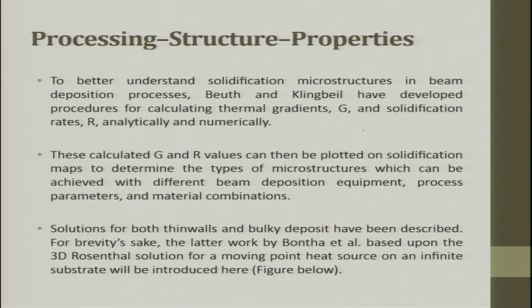For better understanding of microstructure in beam deposition processes, Booth and Gingley have developed a procedure for calculating thermal gradient G and solidification rate R analytically and numerically. So, there are factors called G and R, the thermal gradient and solidification rate. The calculated G and R values can be plotted on a solidification map to determine the type of microstructure which can be achieved with different beam deposition equipment, process parameters and material composition.